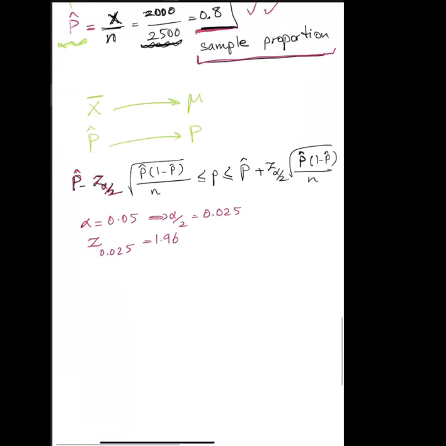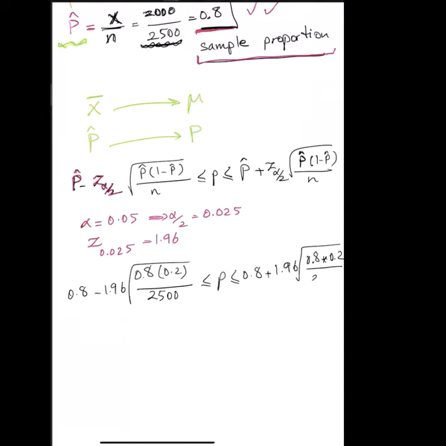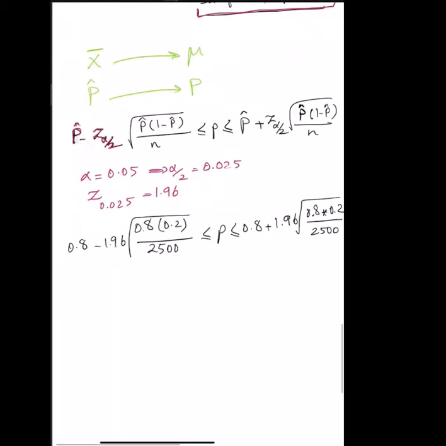Then if we replace everything, that's 0.8 minus 1.96 times the square root of 0.8 times 0.2 over 2,500. And when we do all the calculations, this is going to be 0.784.